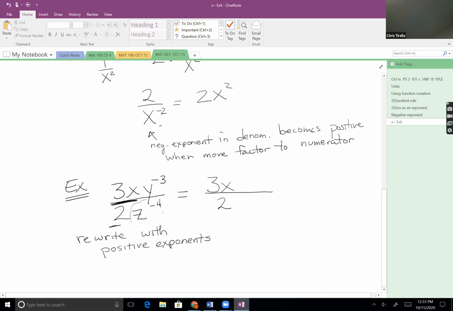The z, because it has a negative exponent in the denominator, that will become a positive exponent when I move that factor to the numerator. And the y, if it has a negative exponent in the numerator, that exponent will become positive when I move it to the denominator.